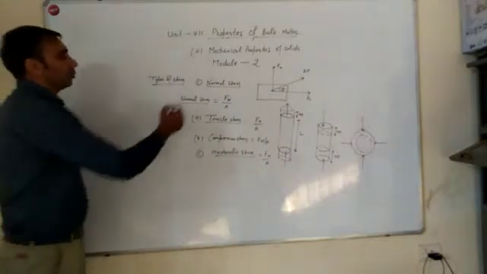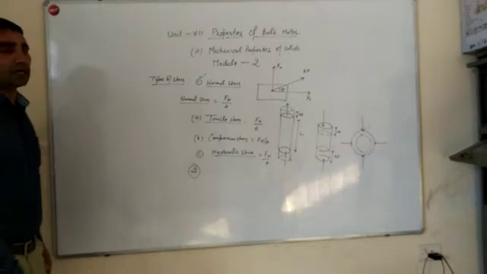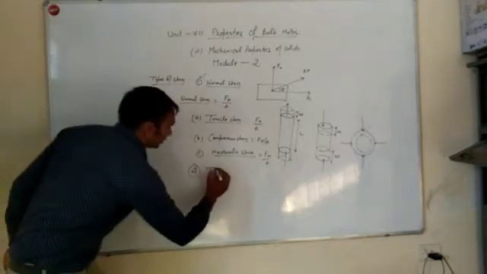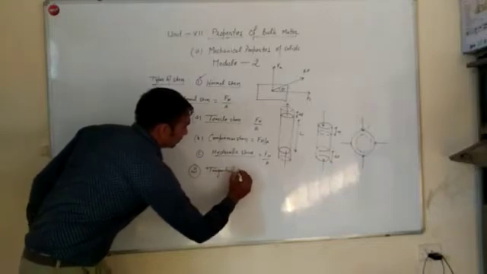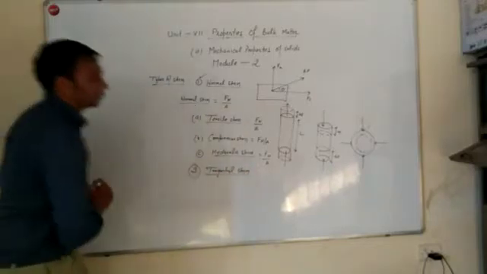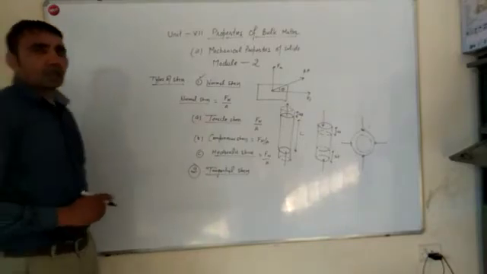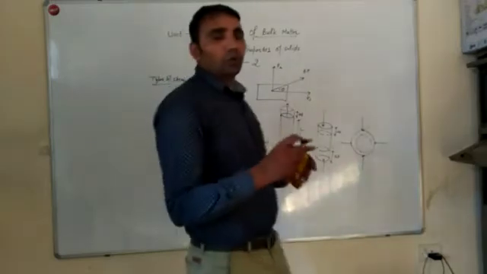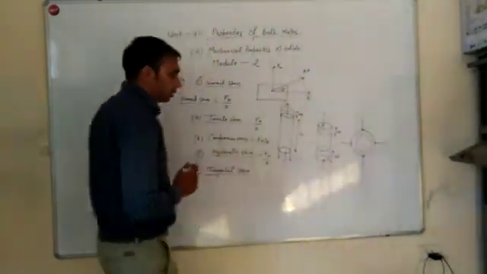Now the second type of stress is tangential stress. In tangential stress, the force applied on the body is tangential to the surface of the body.